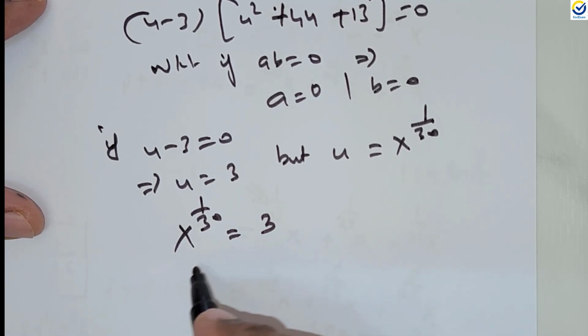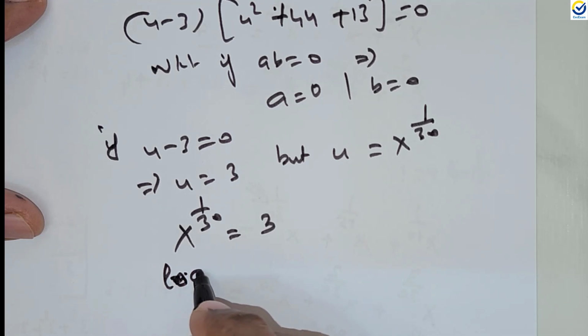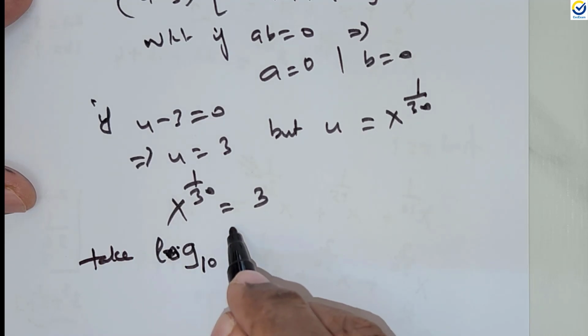Now I would like to take ln both sides. Okay, probably I will take log both sides. What base can I take? Let me take base 10, taking a log to the base 10 both sides.